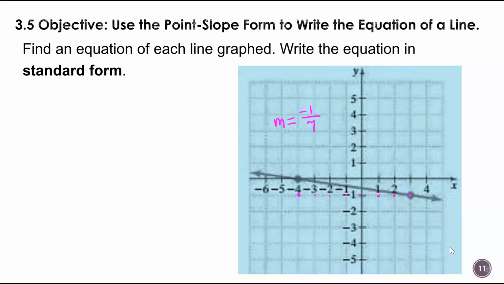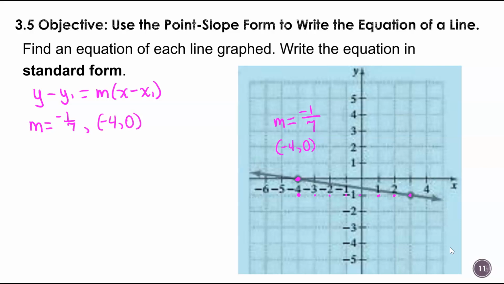It's just easier in this case to go ahead and count the slope. And then from there, I need a point on here. So I'm going to use this one at -4, 0, right? So point slope and a slope of -1/7. And my x-intercept, I need a negative in there, -4, 0.